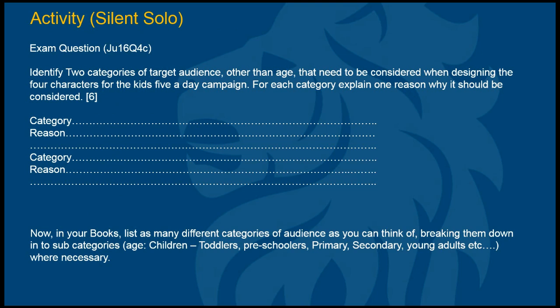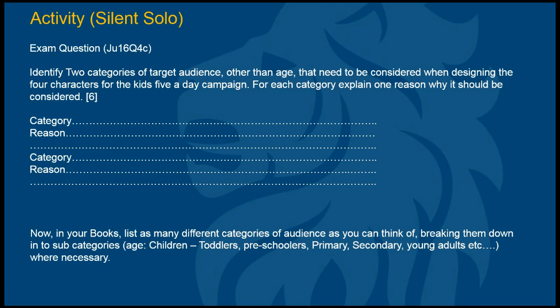And to give you a little bit of background, the Kids 5-a-Day campaign, basically you've got the situation where they are using food types for the 5-a-Day campaign, and I think we all know what the 5-a-Day campaign is. That's about getting youngsters to eat more fruit and vegetable, and obviously they want characters.